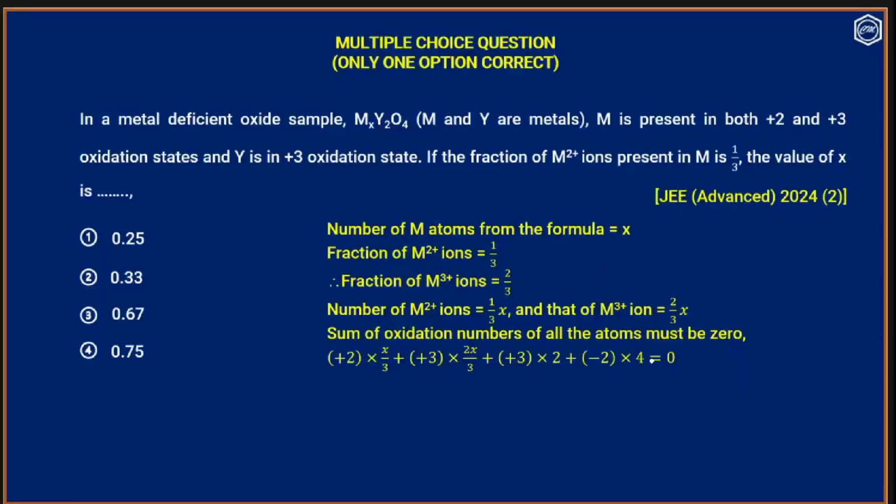There are 4 oxygen, -2 into 4, is equal to 0. So therefore 2X/3 plus 2X plus 6 minus 8 is equal to 0, or 8X/3 is equal to 2, and from this X is equal to 3/4 or 0.75. Therefore the correct option is option 4.